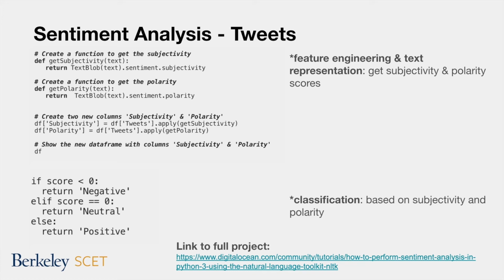So you can create new columns called subjectivity and polarity, and use built-in functions to get those numbers. And then for classification, instead of using a normal learning model like linear regression or whatnot, we calculate it still based on subjectivity and polarity. So if the score is less than 0, we return negative. If it's equal to 0, return neutral, and else we return positive.